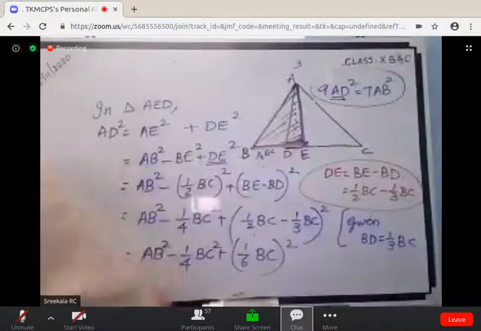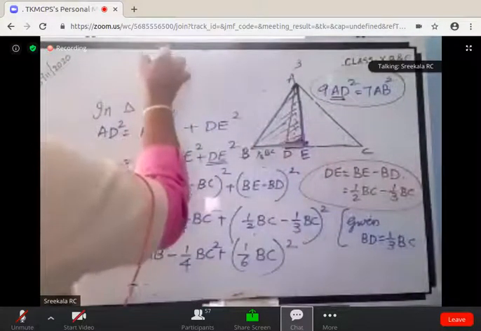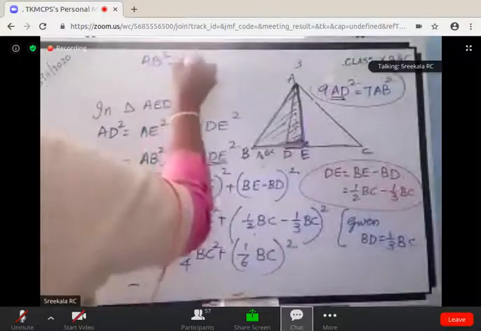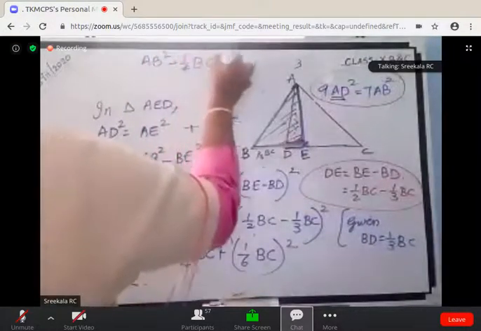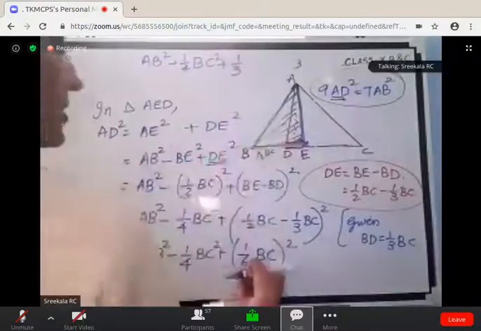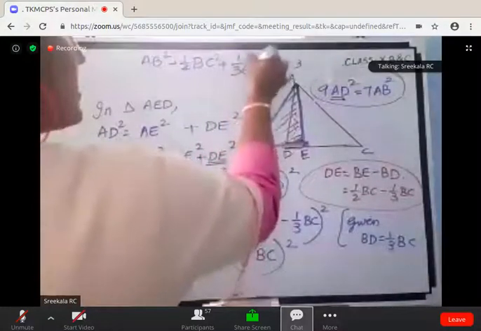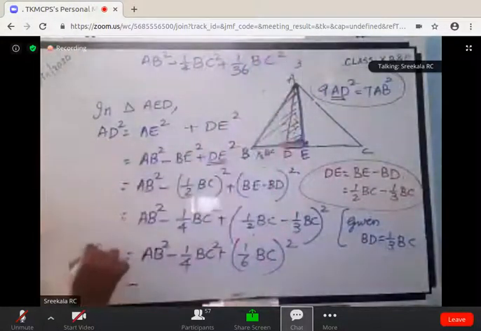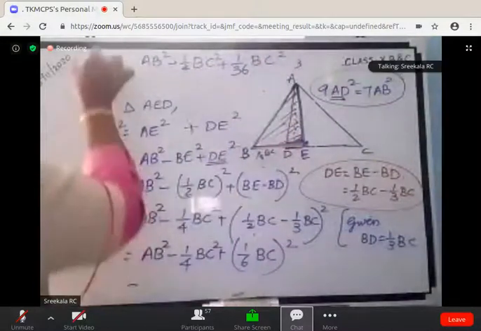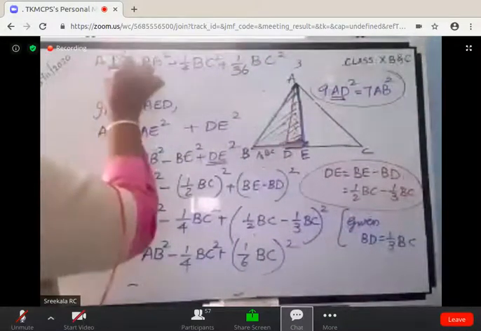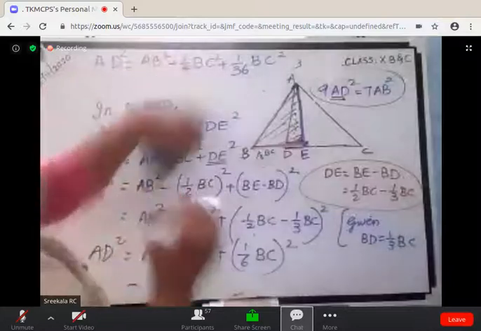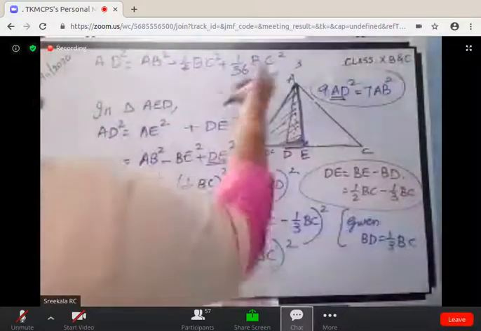After that, how can we write? AB square minus 1 by 4 BC square plus 1 by 36. 1 by 6 BC whole square means 1 by 36 BC square. So AD square equal to AB square minus 1 by 4 BC square plus 1 by 36 BC square.